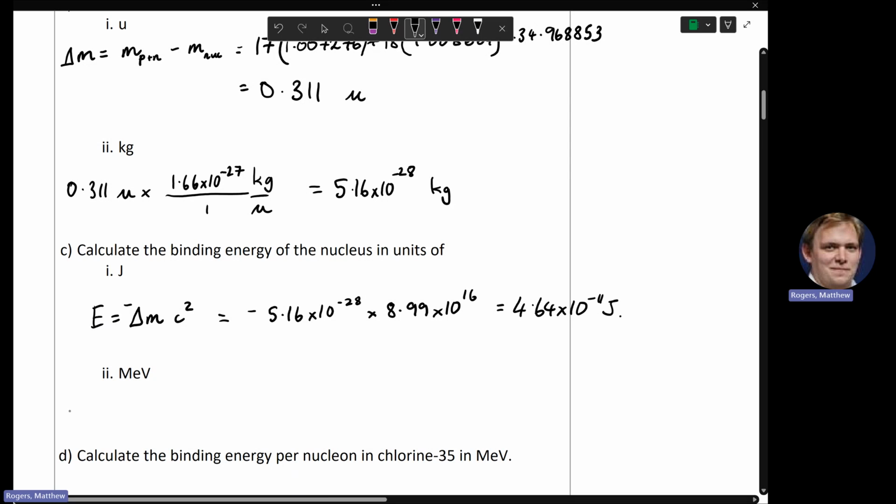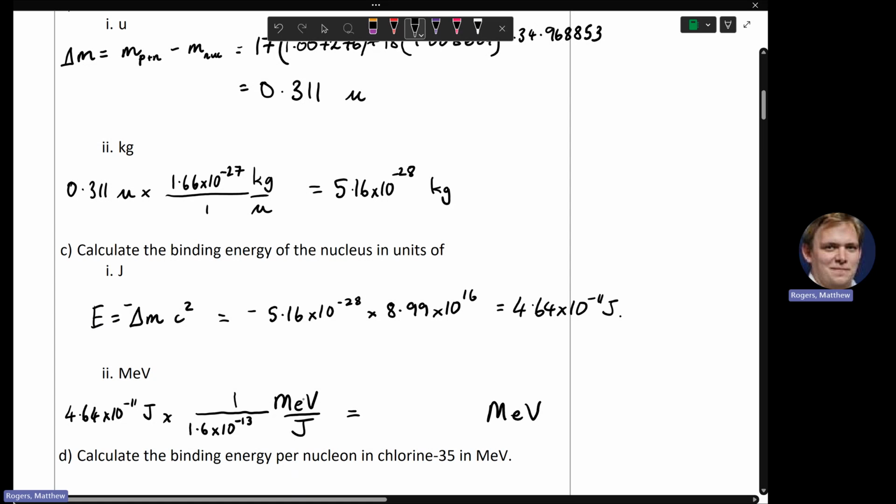And then in MeV, so 4.64 times 10 to the minus 11 joules. We want to write it in MeV, so we need to multiply it by MeV over joules. In terms of conversion factors, what we should know is that 1 MeV is 1.6 times 10 to the minus 13 joules.